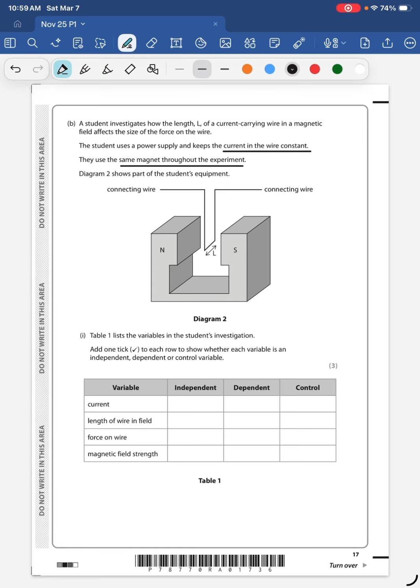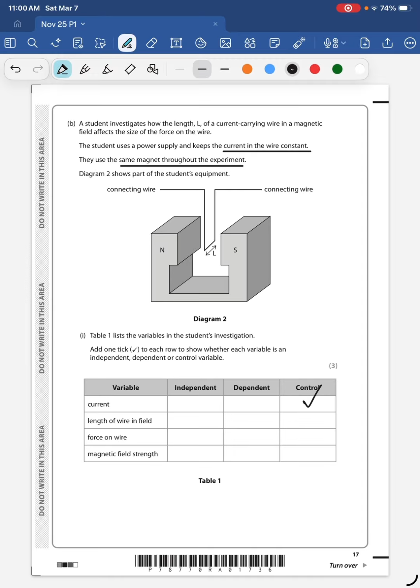Add one tick to each row to show whether each variable is an independent, dependent, or control variable. So the current is a control variable. They say tick, so let's put a tick. It's a control variable because it's constant. The length of wire in the field is an independent quantity because you can change it.